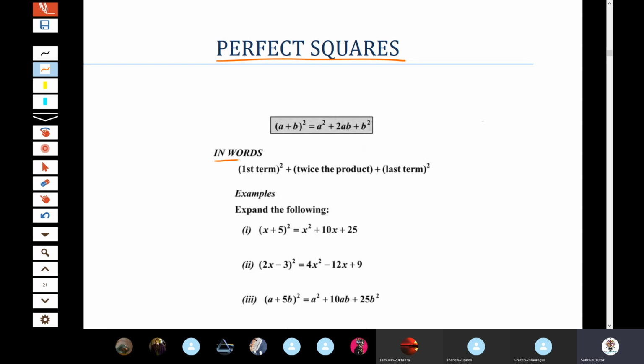Actually, here it is in words. It's the first one squared plus twice, maybe the product, or we say twice the inside, if that's easier sometimes, plus the last one squared. So first squared, twice the inside, twice. Maybe I'll write twice the inside.